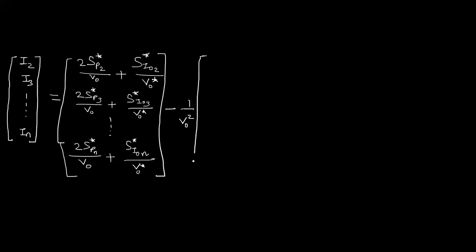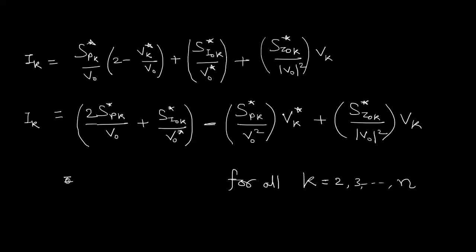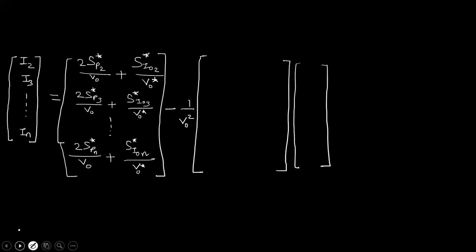And here is a matrix, and here is another matrix. I'm writing the second term in a matrix format. So here is Vk star, which is V2 star, V3 star, and so on up to Vn star. So this is an n minus 1 by 1 vector.